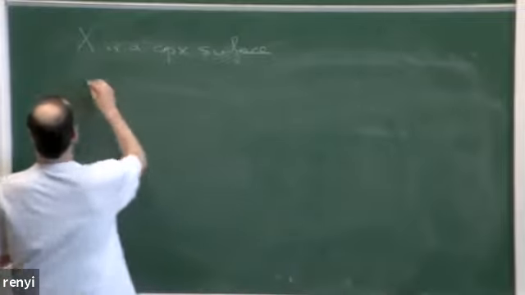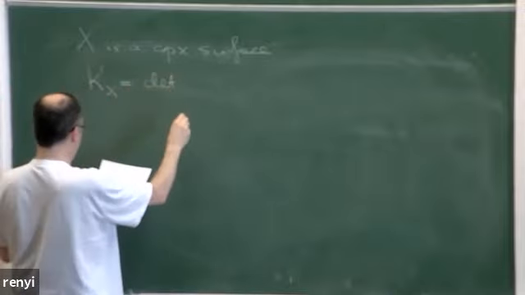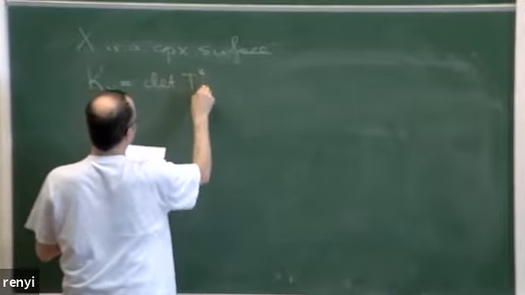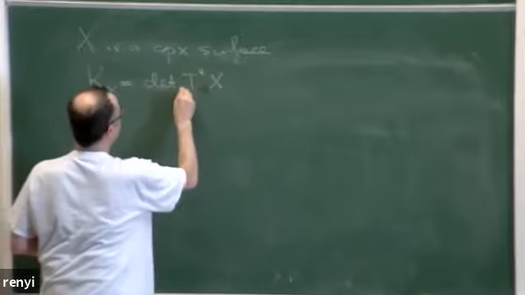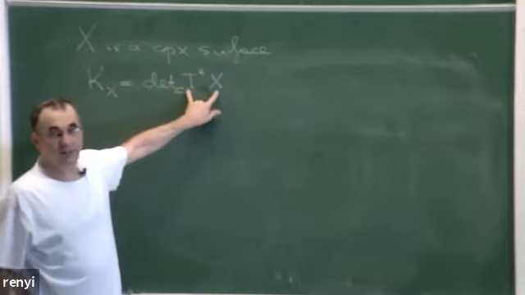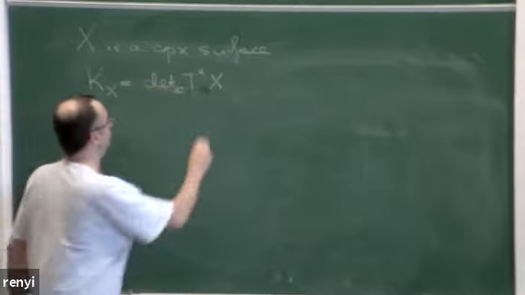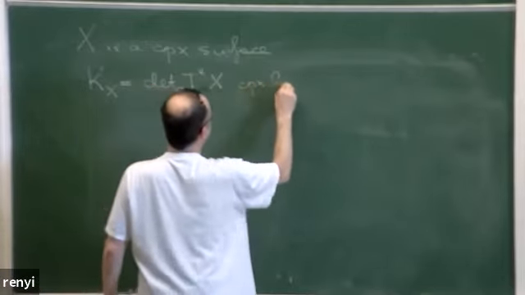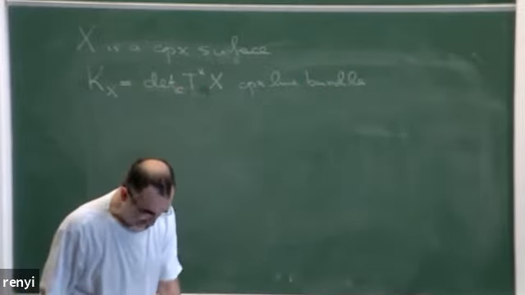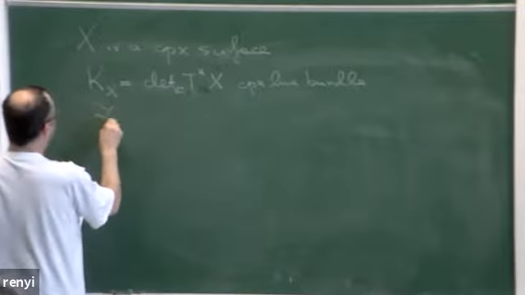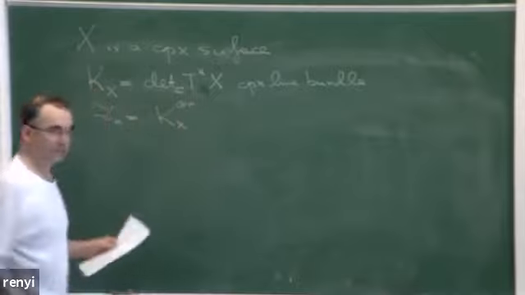But the first thing we can do with a complex surface, we can take the determinant line bundle of the cotangent bundle of X. So remember, this is a complex two-dimensional bundle, and we take the complex determinant. So this is a complex line bundle. And let's take L^n to be the n-fold tensor product of this bundle.